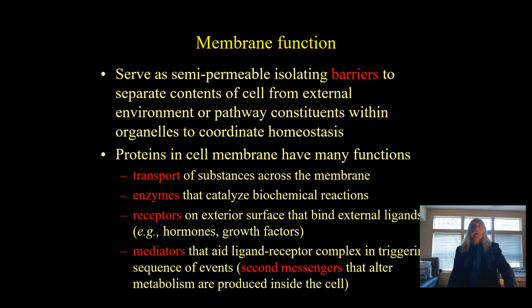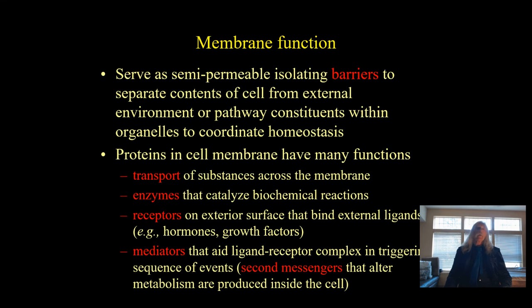Here you're talking about classical hormones, growth factors, things like that. Insulin receptor, glucagon receptor. And then you have mediators that aid ligand-receptor complexes in triggering a sequence of events. This would include things like adenylate cyclase, guanylate cyclase, right? G protein coupled receptors, leading to the production of secondary messengers, as I just described to you.